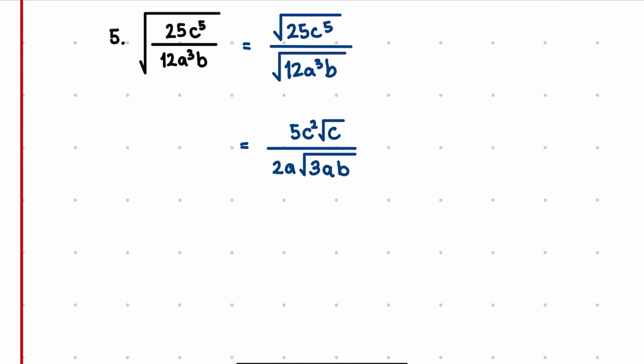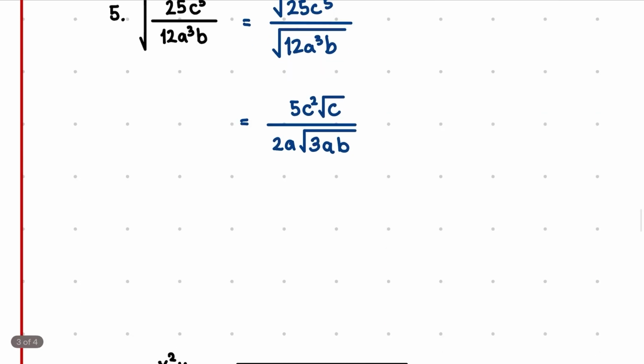And then take note that this is not the final answer yet, since in radicals, we don't really like having radicals in the denominator. So we need to find a way to remove that one. And an easy way to do that is to just multiply this one in the numerator and denominator. So let's multiply out here square root of 3ab and square root of 3ab.